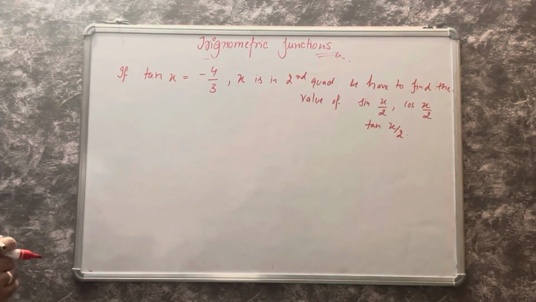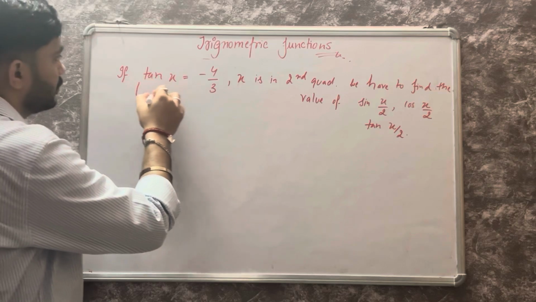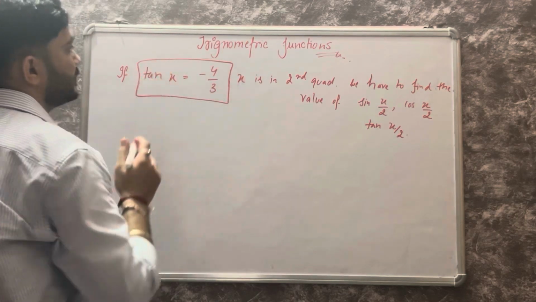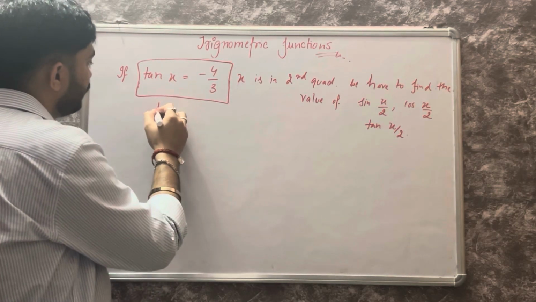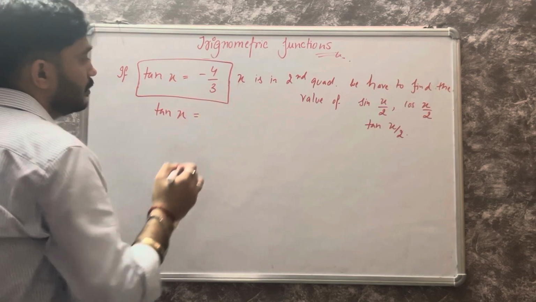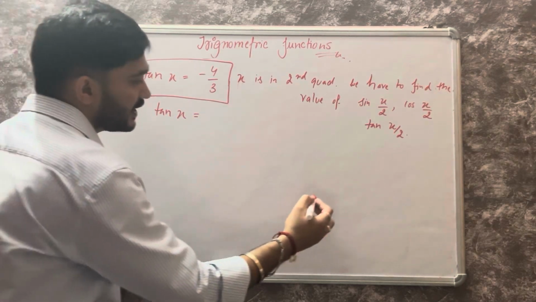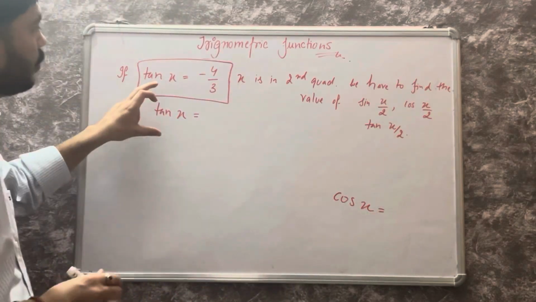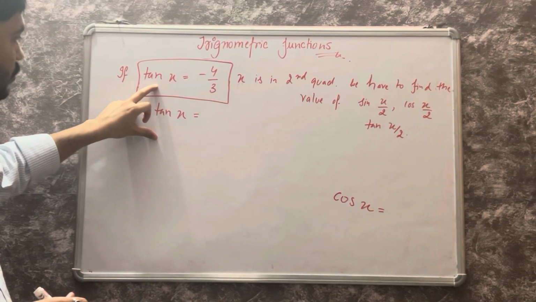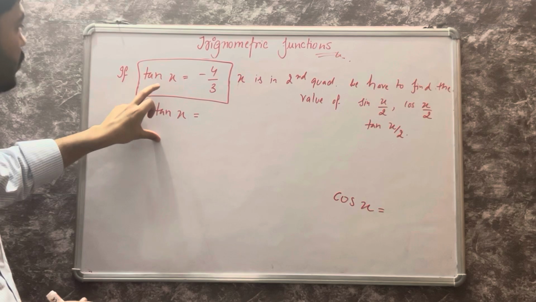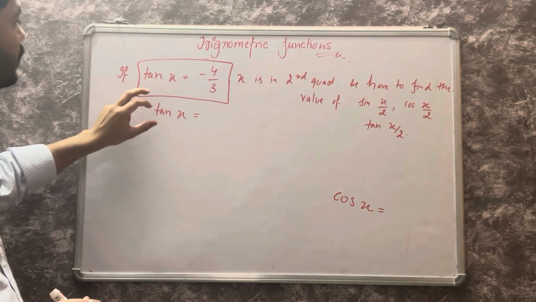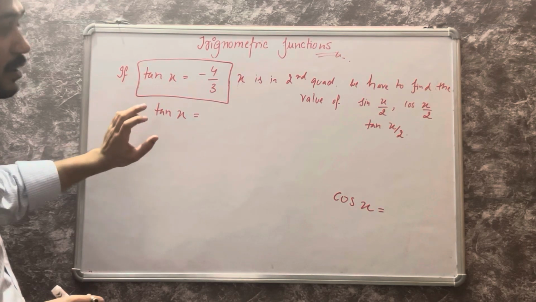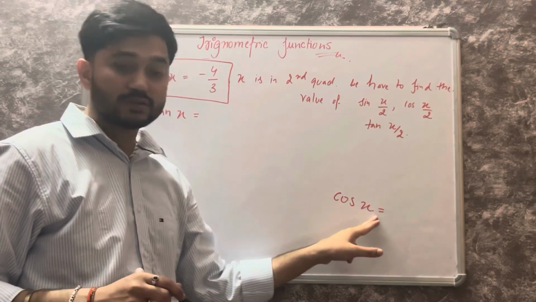How are we going to do this question? Firstly, the value of tan x is given, so we are going to find the value of cos x. Whatever value is given to you, tan x, cos x, sec x, cot x or sin x, you have to find the value of cos x.